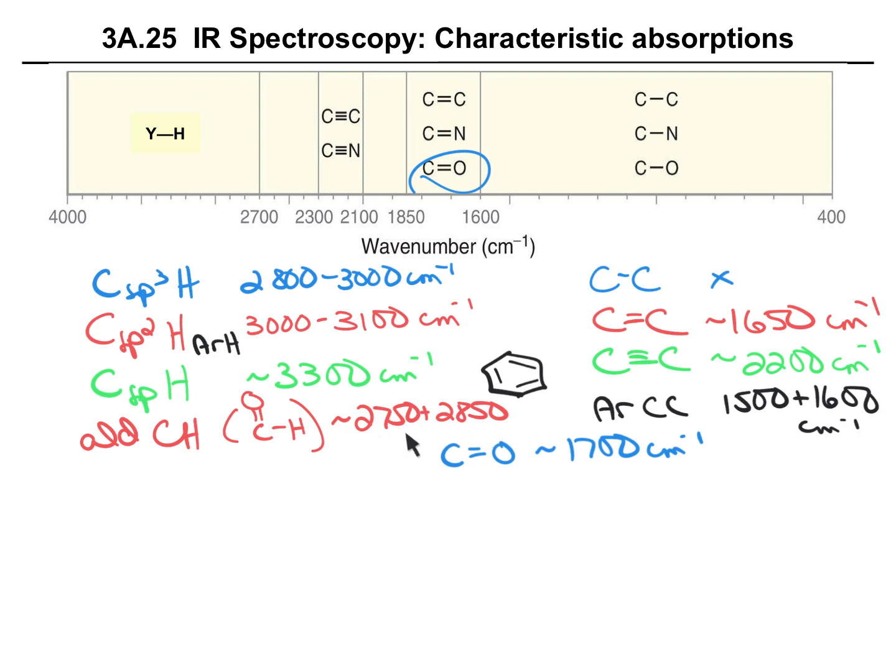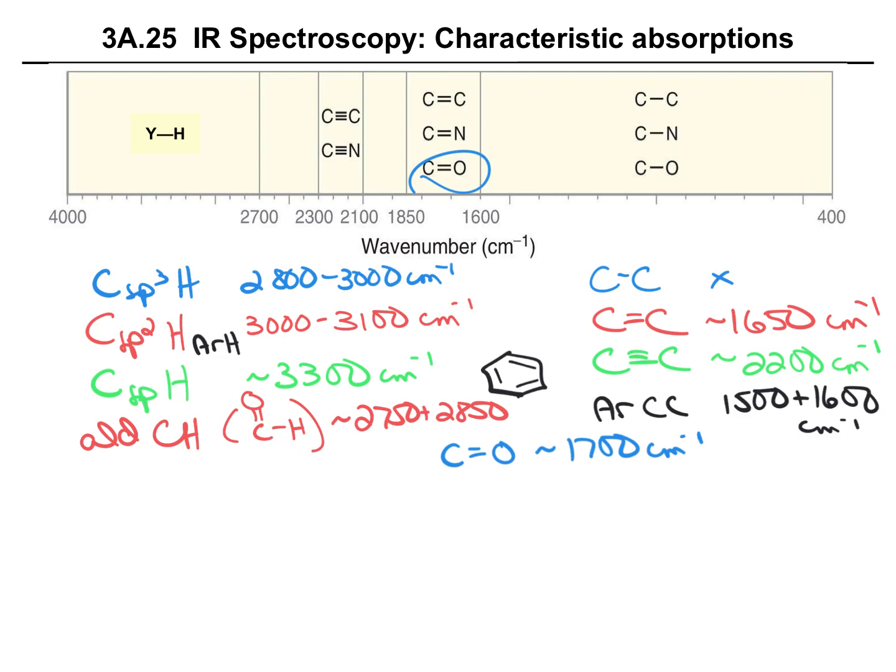So this one is something unique. Now we have to be careful because 2850 falls into the range of a regular sp3 CH. So just having a peak at 2850, that might be one of these. But if you have a carbonyl, and if you have a peak at 2750-ish as well as 2850-ish, then that is very strong evidence for an aldehyde.